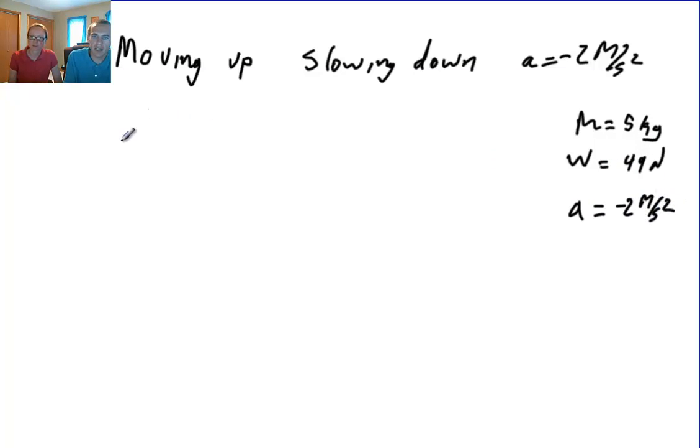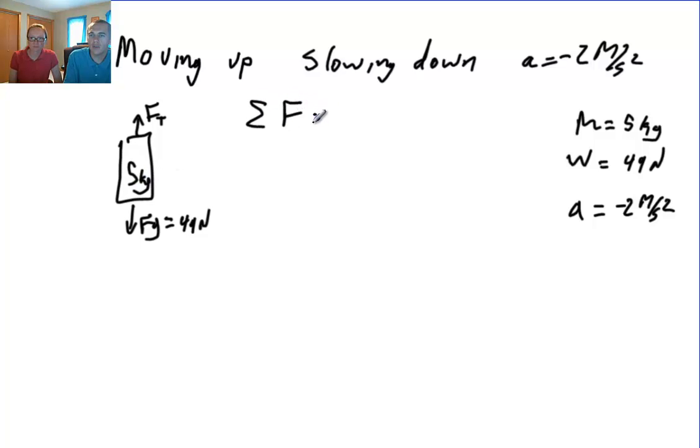So my free body diagram, Fg is 49 newtons. Now this time your Ft is going to be a little bit less, or we expect it to be less than 49. Okay. So Newton's second law, net force equals mass times acceleration.